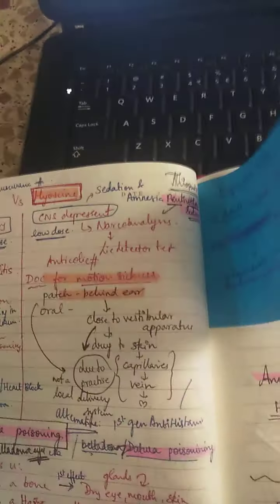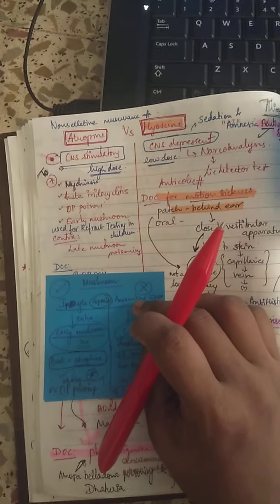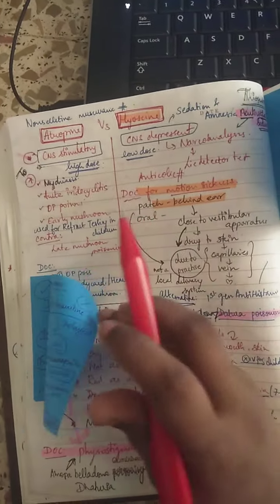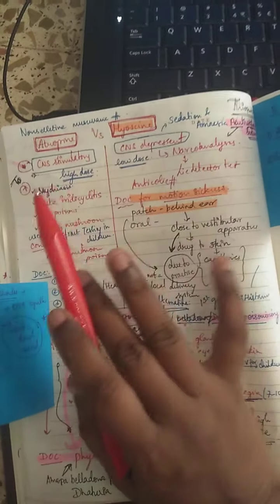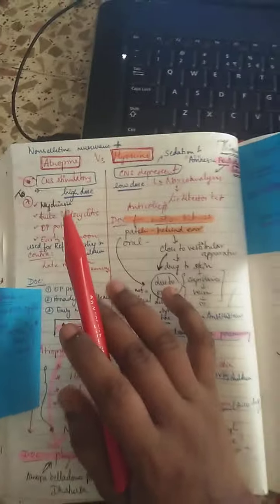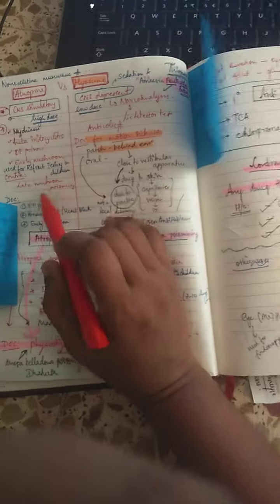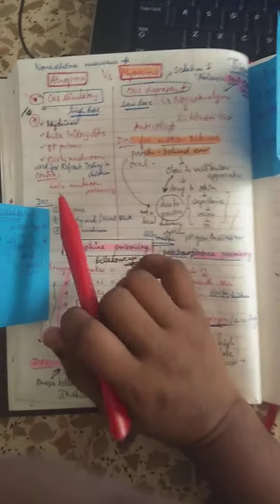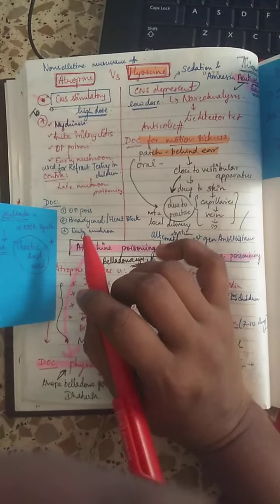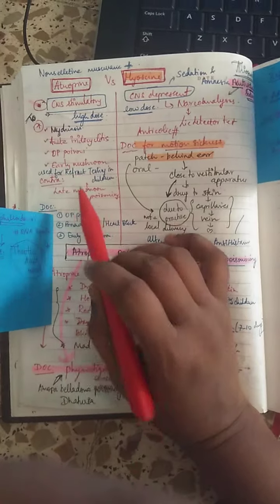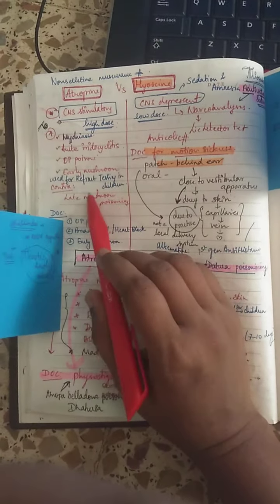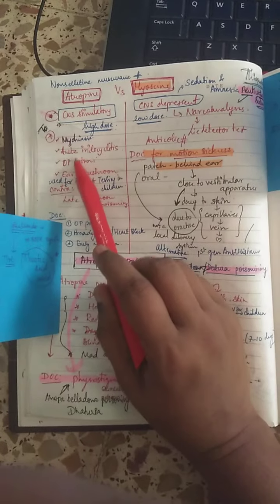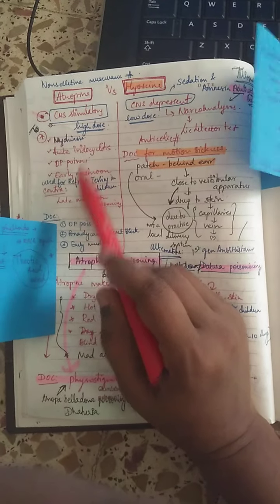Now, atropine. At high dose, atropine will cause mydriasis. As I told you, anticholinergic drugs should not be given in glaucoma, so take care of that. But since it causes mydriasis, it can be useful in refractive testing, and in OPC poisoning, which we talked about.